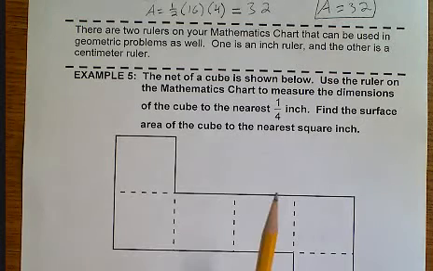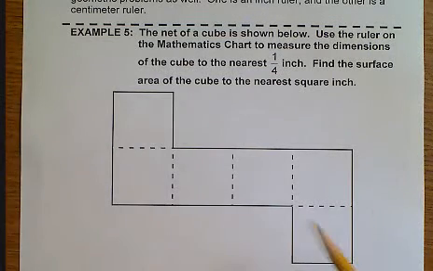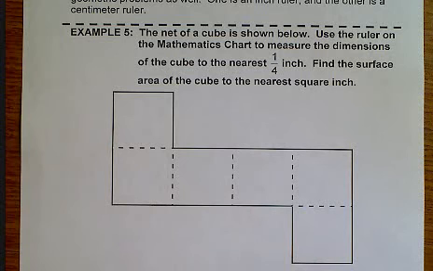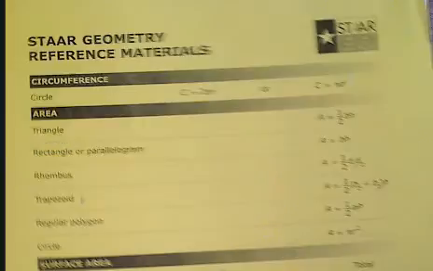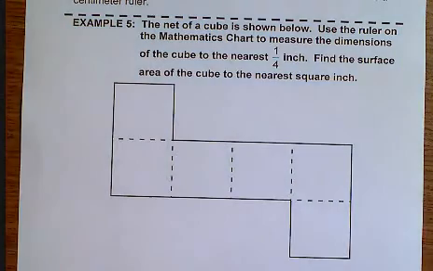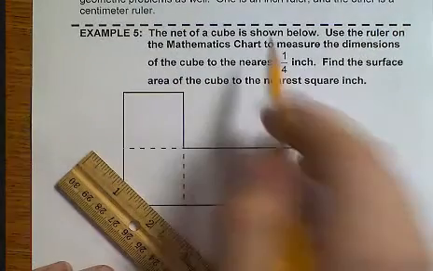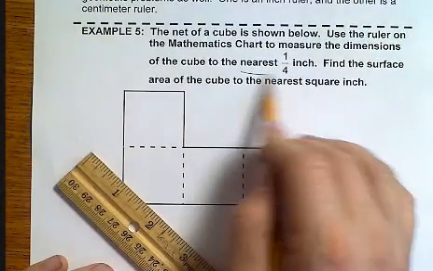Now, we have one more thing, and that is problems like number 5, where we have a net. Again, this says mathematics chart. Some mathematics charts have rulers. The one I'm using does not on either side, so I'm just going to go ahead and use a regular ruler. It says use a ruler to the nearest 1/4 inch.